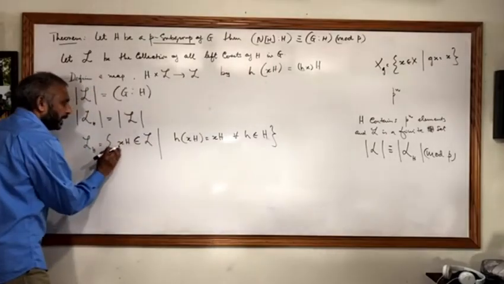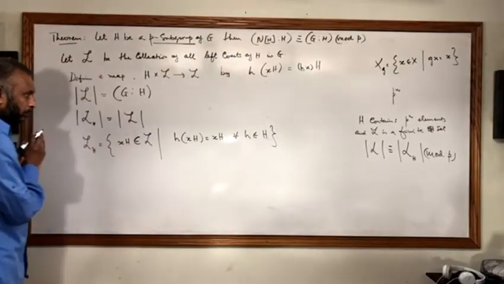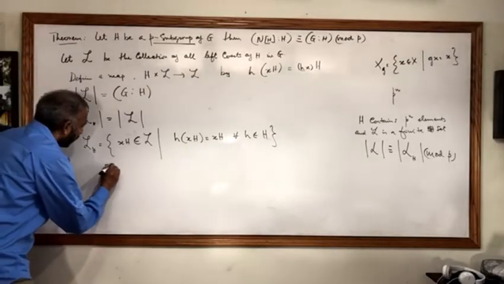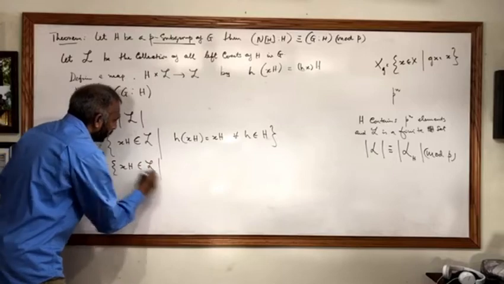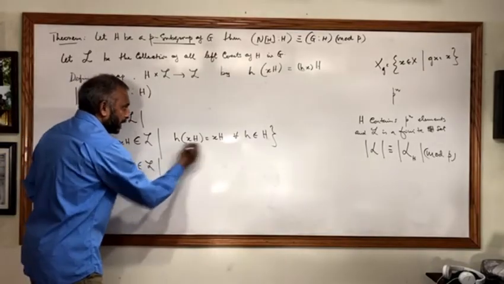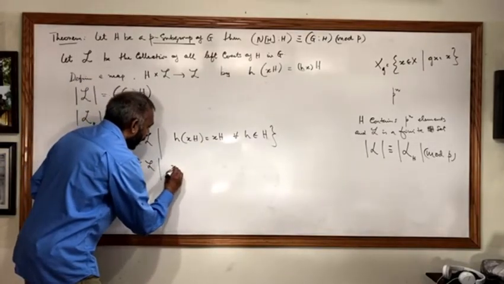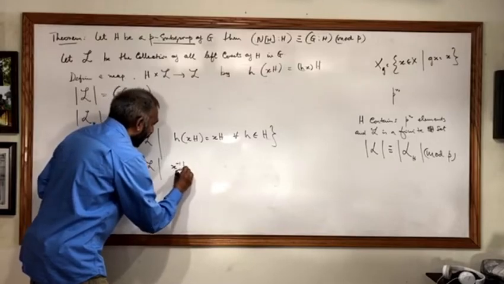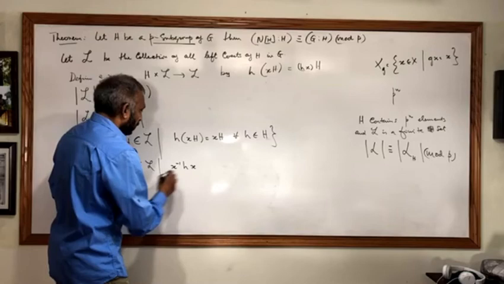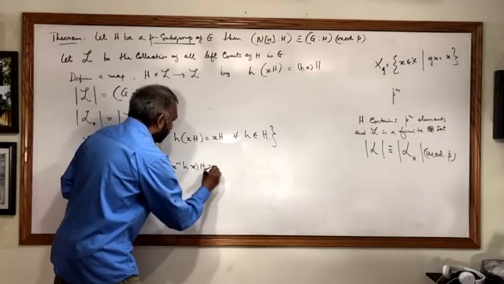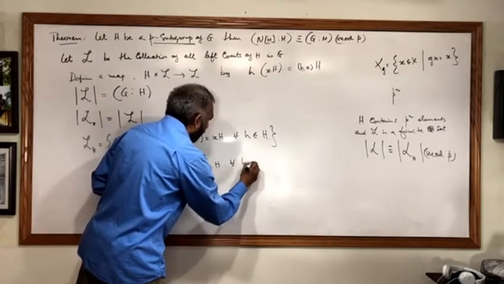Where are these elements x? So let us expand one more time. xH belongs to L such that this you can write as x inverse h x belongs to H for all h in H.